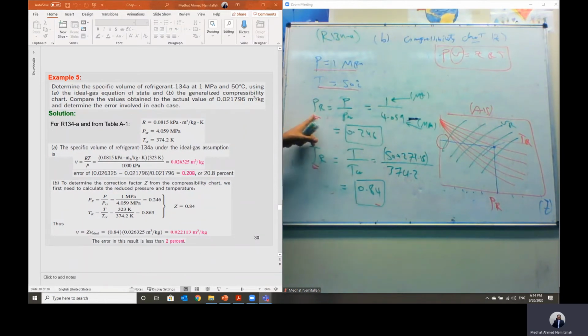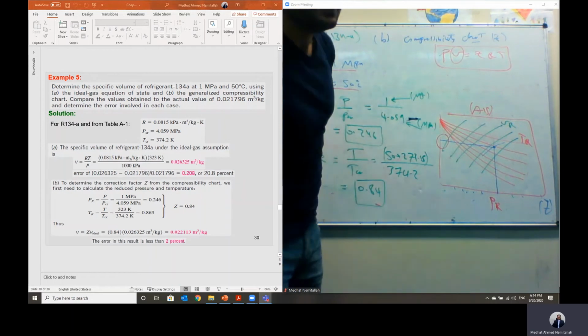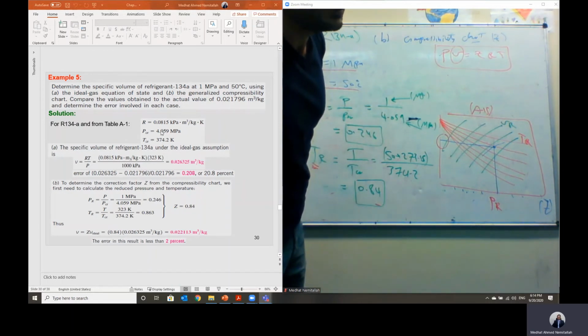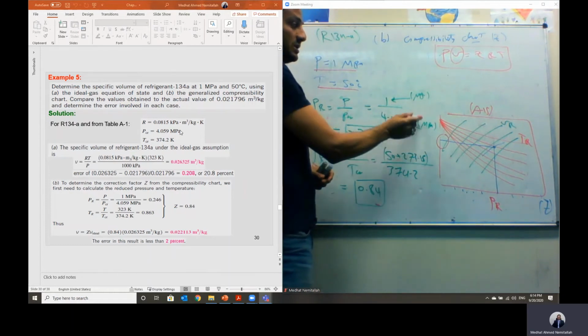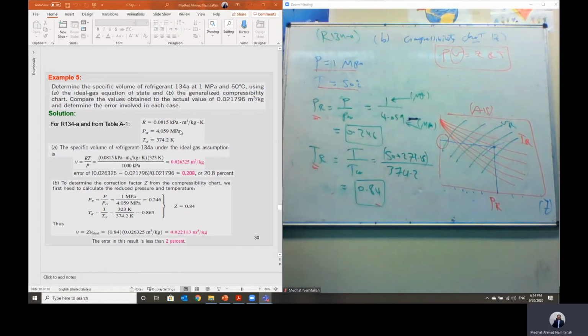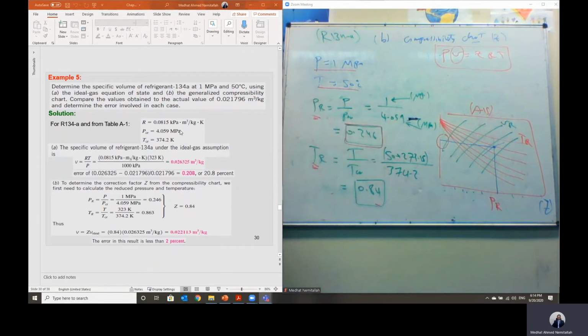I will be calculating the reduced pressure, which is the ratio between P divided by P critical. Pressure in this case is 1 megapascal. The critical pressure, which we can get from table A1, is 4.059 megapascal. So if this one is megapascal, that one also should be megapascal. The reduced pressure will be 0.246.